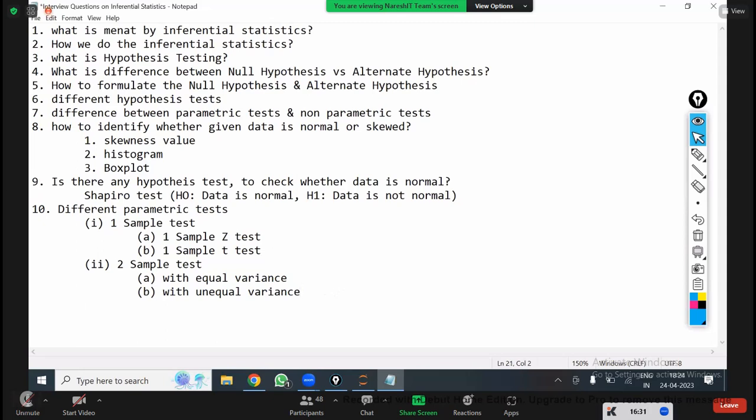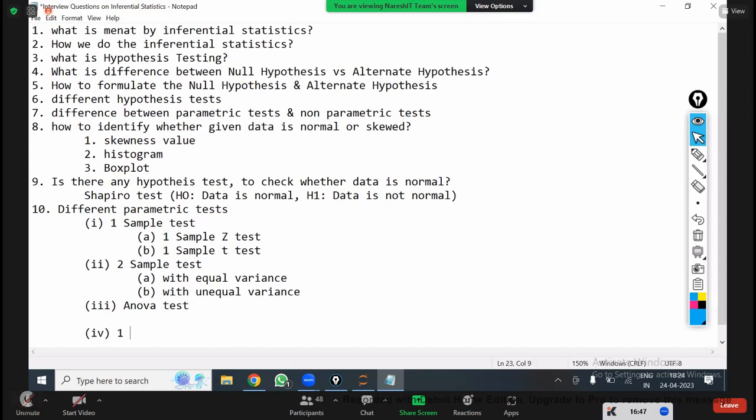What is the difference between both of them? This is the question. And out of all these questions, this is the most important question. Till now, whatever we have discussed, within that, this is the most important. So what is the difference between the z-test versus t-test?